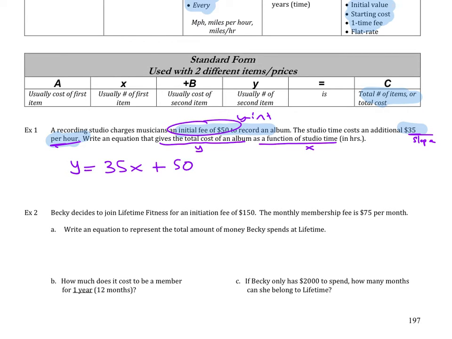So that's 50. If you think about this equation, it's saying we had an initial cost of $50 that only happens once, but then every hour in the studio is $35. If it was 3 hours in the studio, you'd do 35 times 3, and you'd still just do plus 50 for the initial cost. The hourly rate is your slope. So this is our answer there.